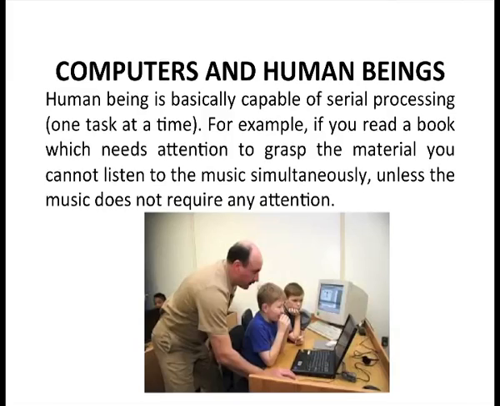On the other hand, human being is basically capable of serial processing, that is one task at a time. For example, if you read a book which needs attention to grasp the material, you cannot listen to the music simultaneously unless the music does not require any attention.